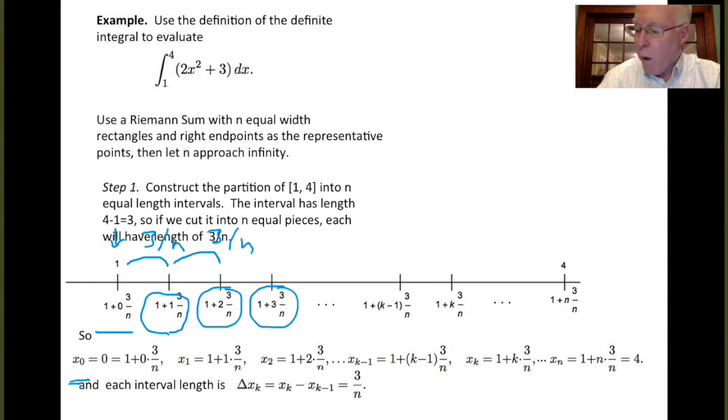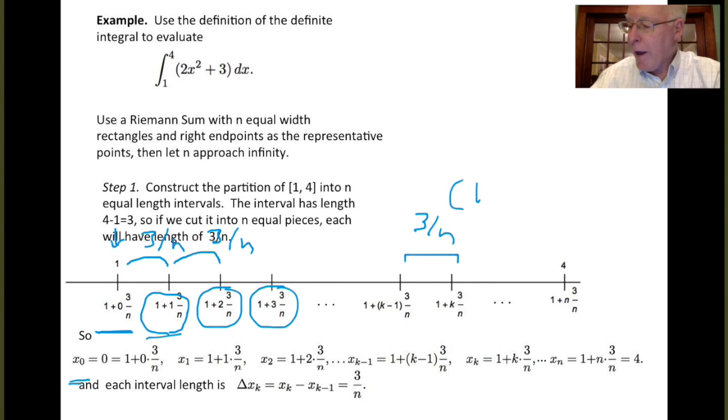So I've put the 1 and the 0 in these two places just to solidify the pattern we're seeing here of the various 1, 2, and 3 multiplying the 3 over n. Now, I always like to put in the generic interval here too. So here is another interval of length 3 over n.